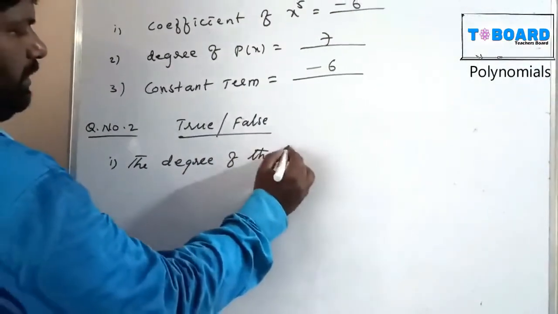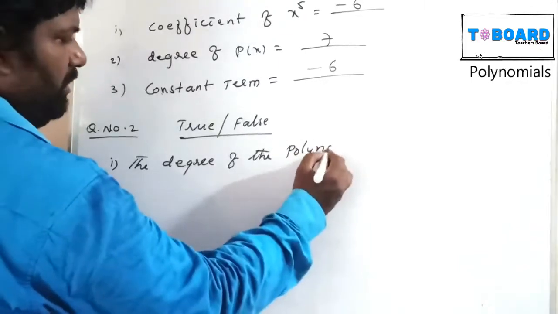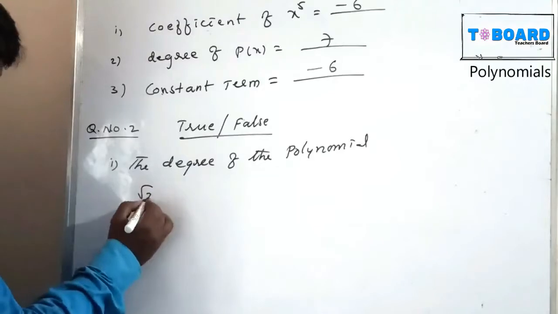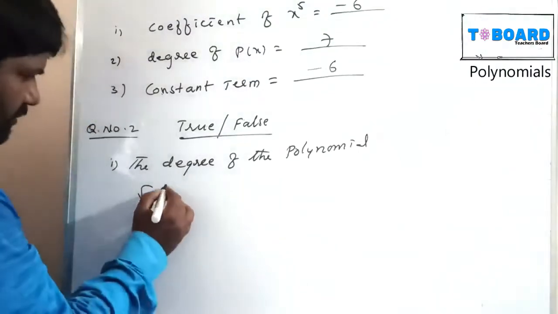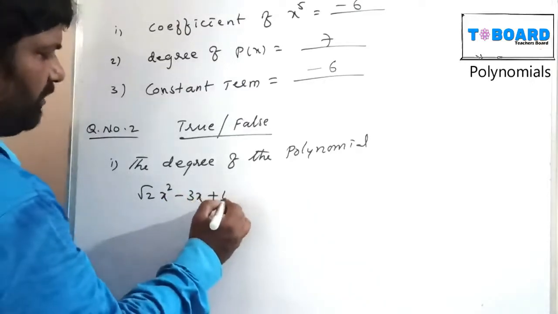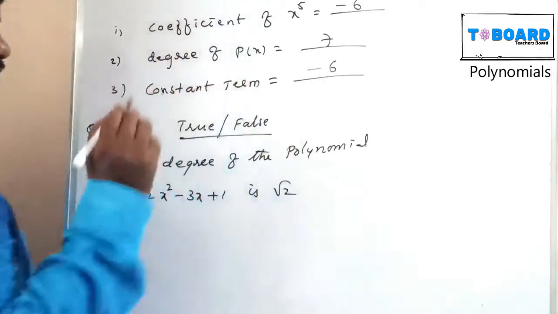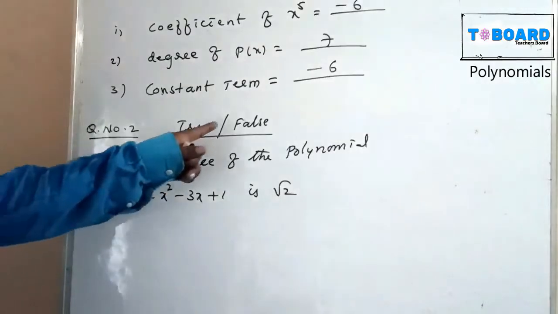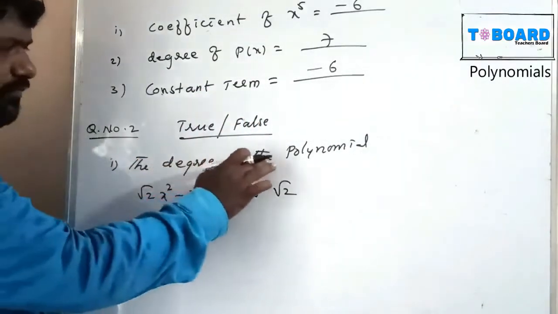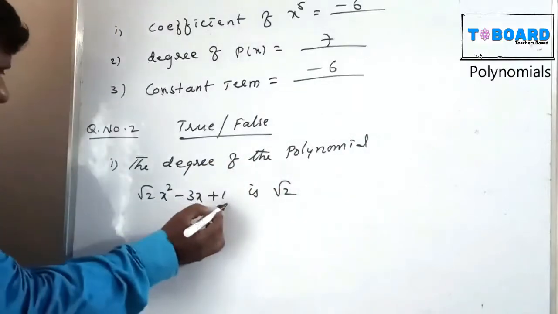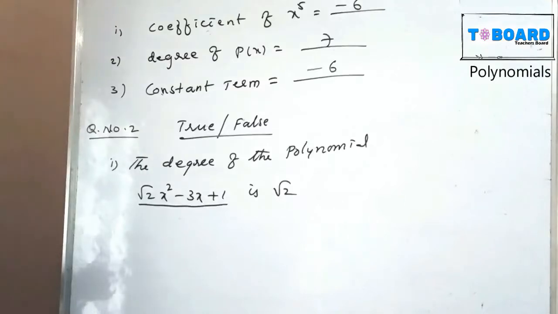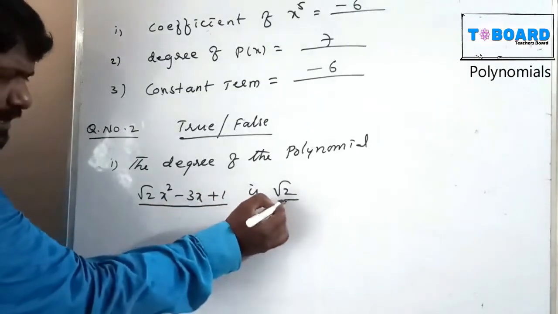The degree of the polynomial root 2 x square minus 3x plus 1 is root 2.